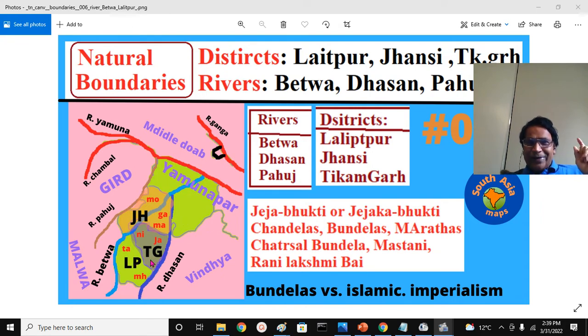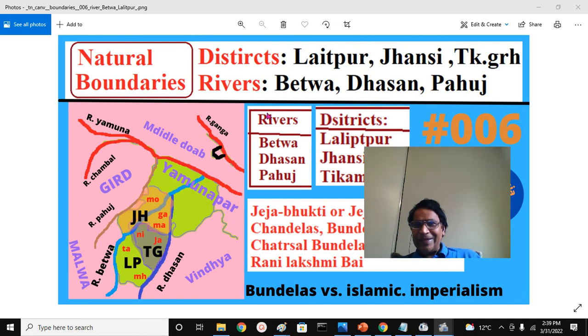Lalitpur district, Tikamgarh district, Jhansi district here, the historical area, the figures, the great Chhatrasal Bundela and his daughter Mastani, the Bundela Rajput warriors as the great bulwark against Islamic imperialism in that part of the world, and Bharat.